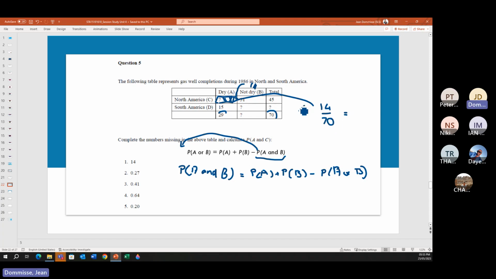So what we actually did was x divided by n, and that will be equal to 0.2. Okay, so that would have given us option 5.